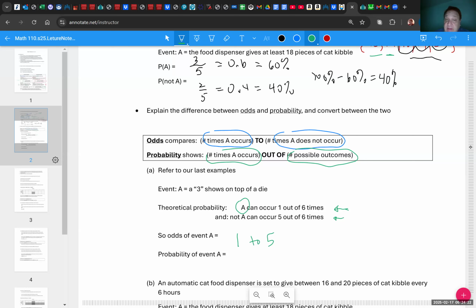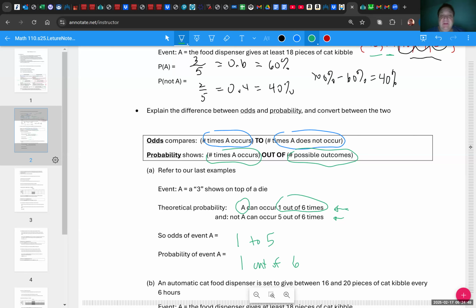Whereas the probability is 1 out of 6. There's one 3 out of 6 possible sides. So 1 out of 6, as we know, is the probability, but the odds are not the same thing. They're measuring the number of ways the event could occur to the number of ways the event does not occur.